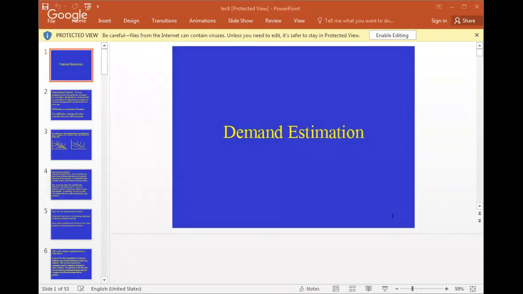Another problem is that these things are extremely costly. Using all 3 of these methods, we can estimate point and arc elasticity. I can also measure cross elasticity. We, however, must be aware of the limitations to estimating demand in these manners.